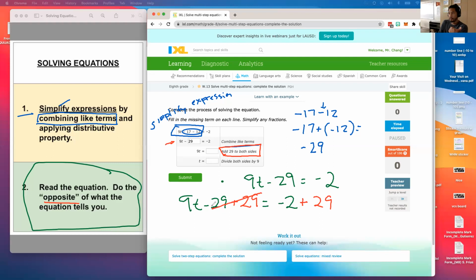That's just zero. It cancels out. And then -2 plus 29 is positive 27. So right in here, you're going to put 27.